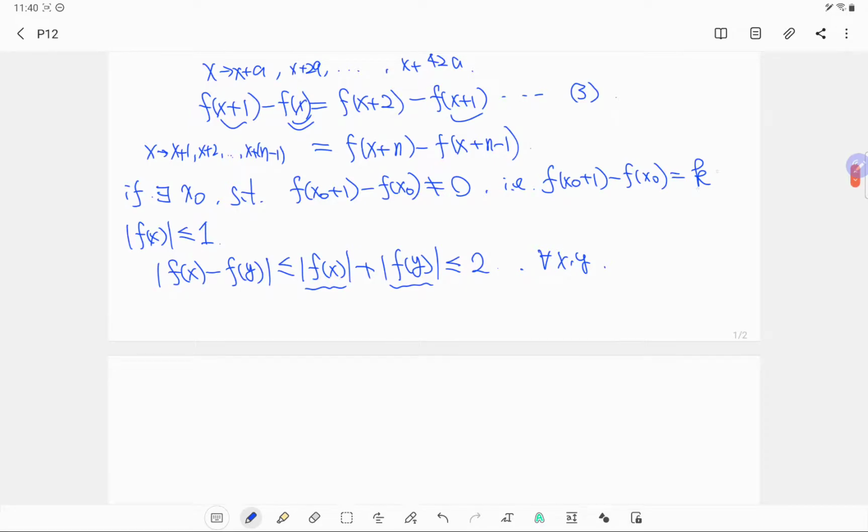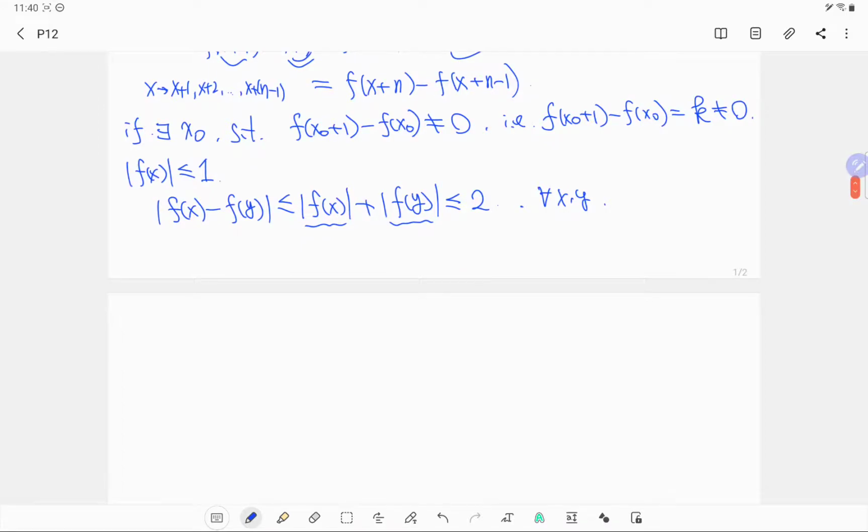So now if we assume that k is not equal to 0, let's pick n to be larger than 2 over the absolute value of k.